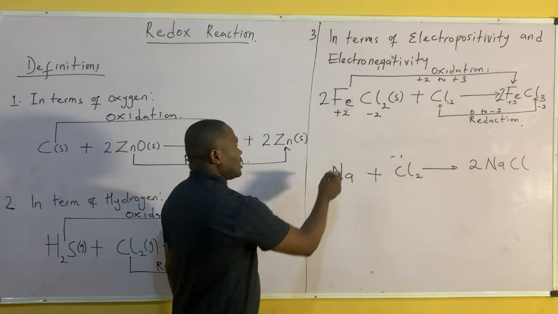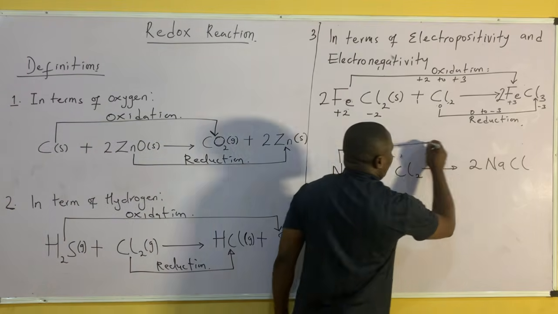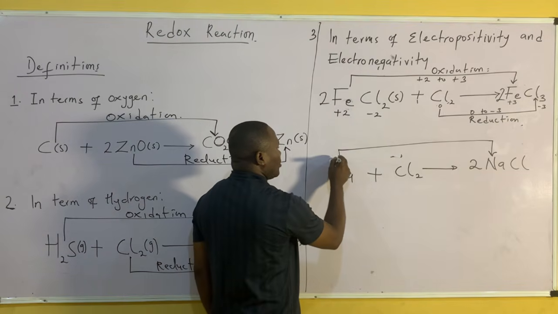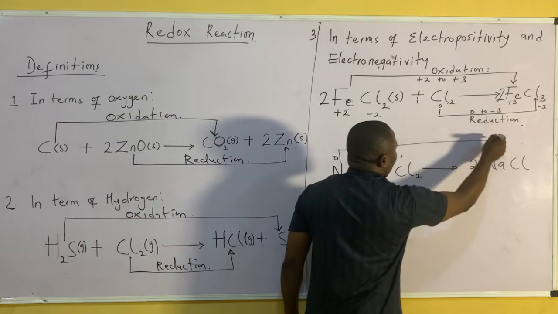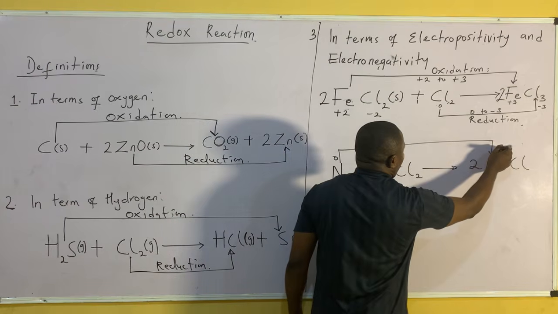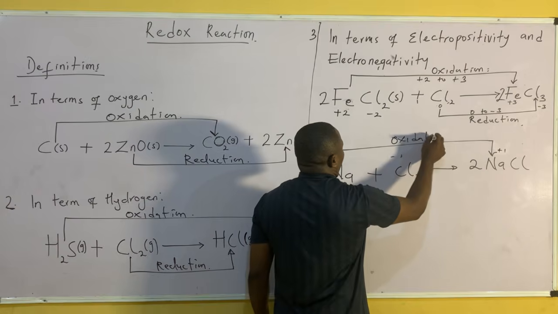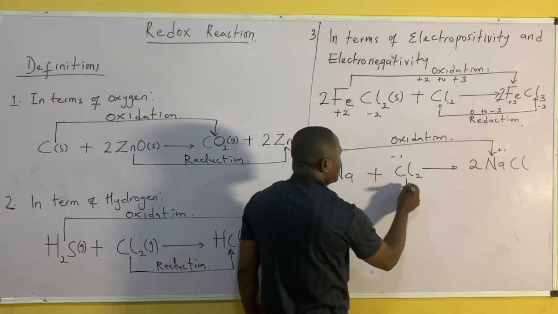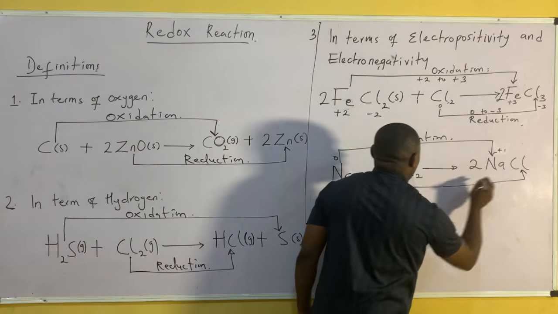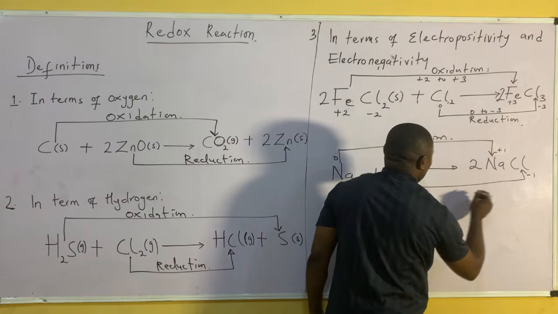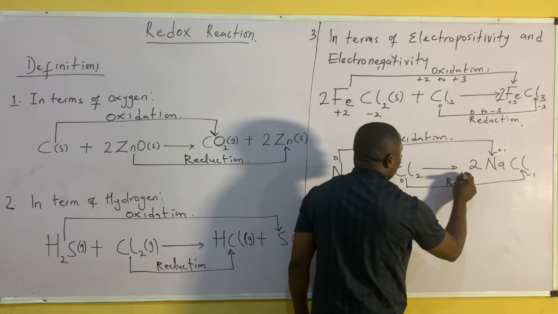Look at it this way again. Sodium from here to here. Sodium here is 0, but becoming here is now +1. So this is oxidation. Why this to this place, I have this as 0, then coming here is -1. This is reduction.